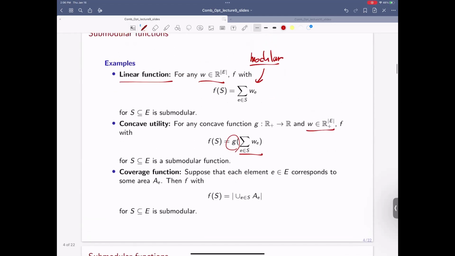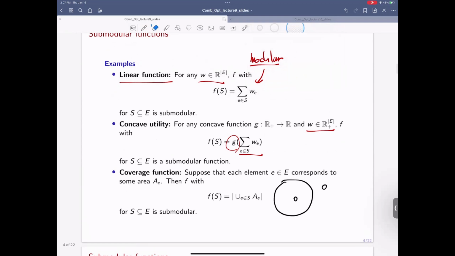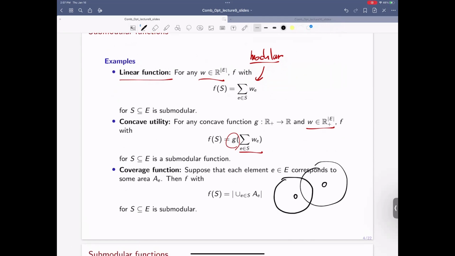The third example is the coverage function. It's relevant to something called the sensor placement problem. You install a sensor, and then you draw an area that can be covered by the sensor, and then you place another sensor and draw the region which can be covered by that sensor. Then you measure the area covered by the set of sensors you placed.